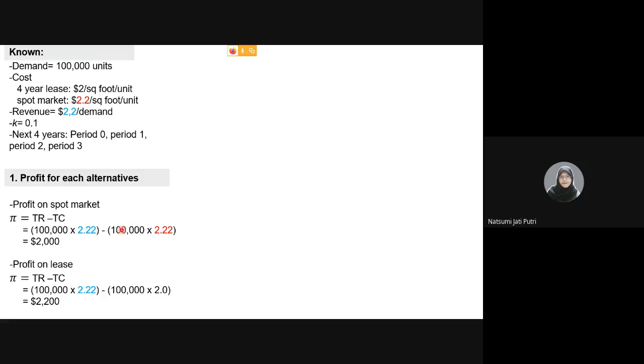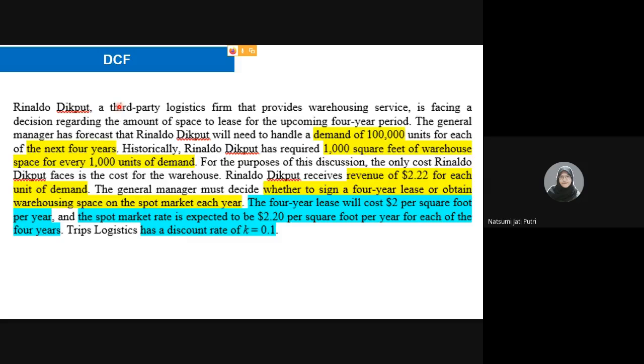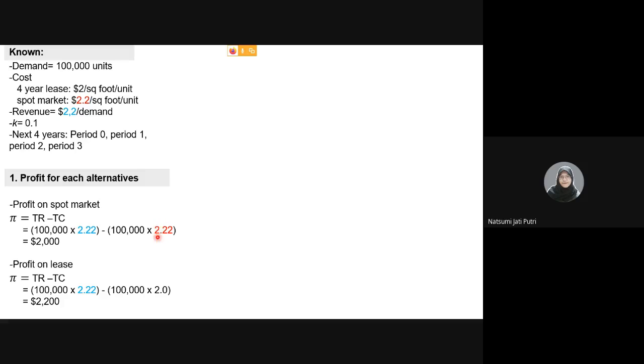Minus 100,000 units times 2.2. So this should be 2.2, which equals $2,000.